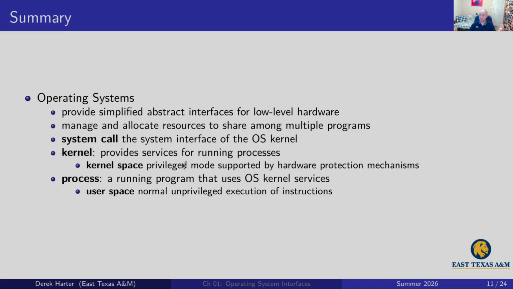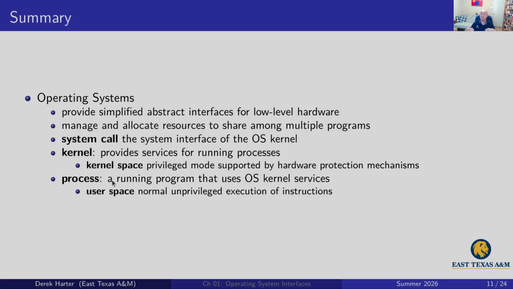You should be aware of what we mean by the kernel and the kernel space. The kernel provides a set of services, the system call API. Kernel space is the more privileged mode, and we need certain hardware mechanisms to differentiate between a more privileged mode and a less privileged mode so the kernel can implement these things.